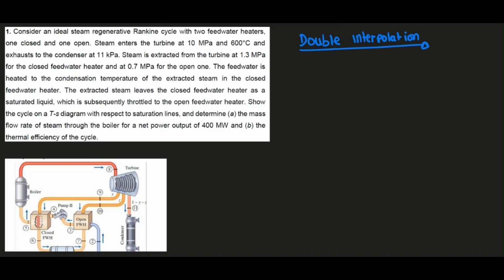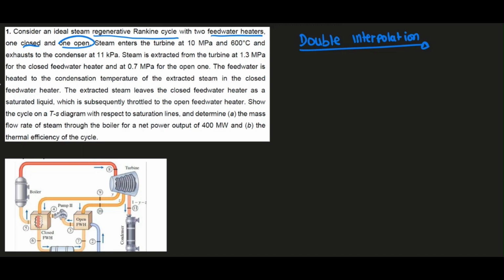So, in this problem, we're given a regenerative Rankine cycle with two feed water heaters. One is a closed type and one is an open type.